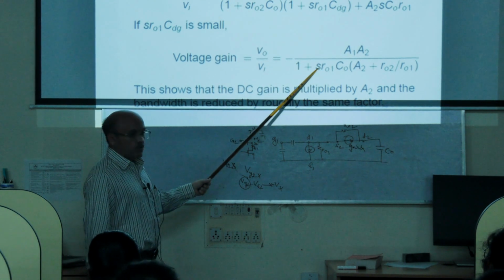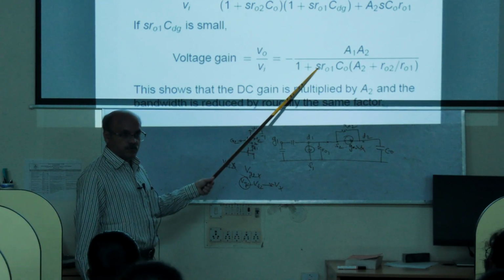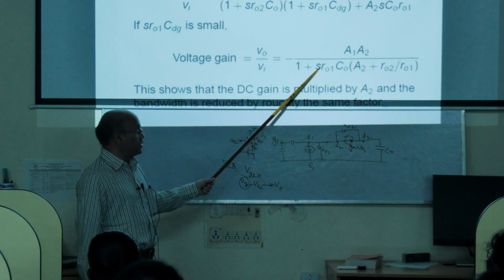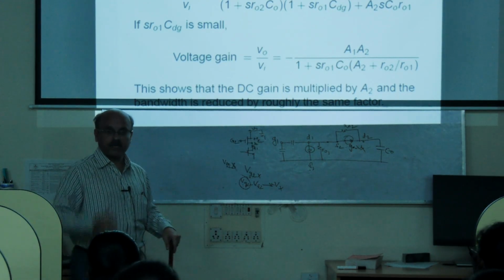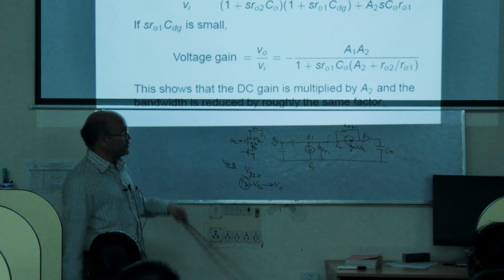Again, when omega is 0, S equals j omega, the DC gain is simply A1 A2, which we have already derived.